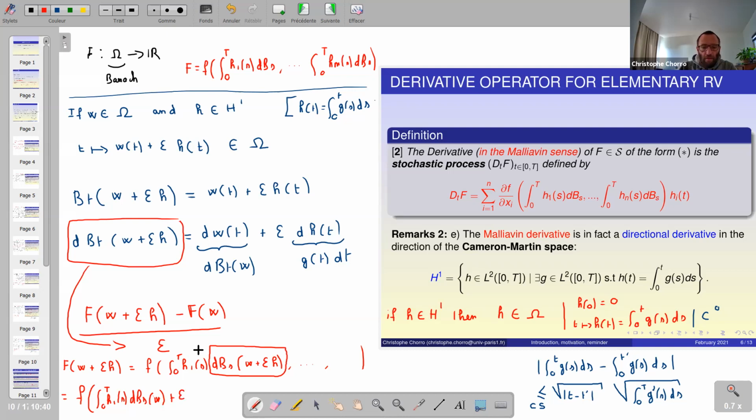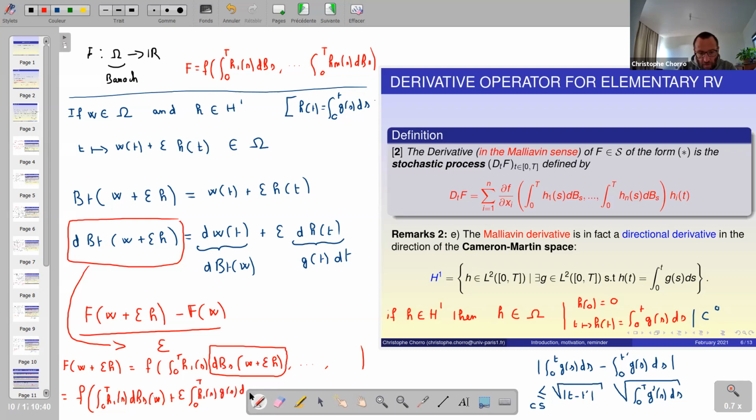Epsilon times the integral between 0 and capital T, h1 of s, d of hs, that is this one, g of s ds, and the same for all the components.